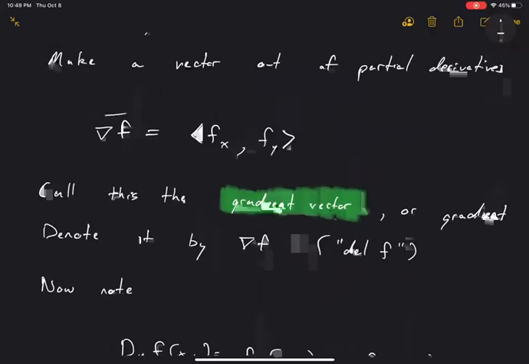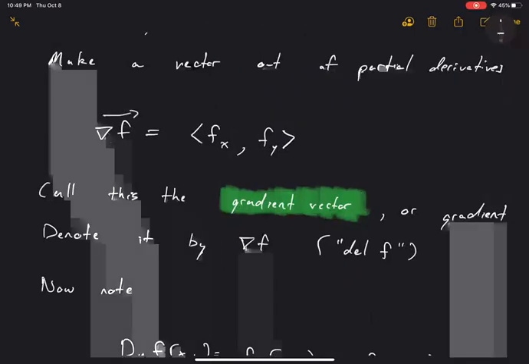I'll usually leave off the vector arrow, because it's well known that this is a vector. So we usually skip the vector sign over it. But when you see this, you should think, okay, it's the vector whose components are the partial derivatives.